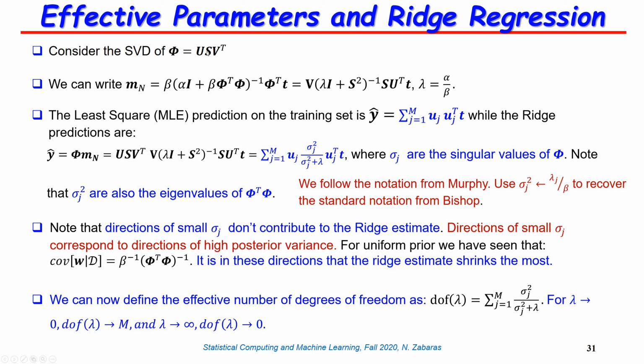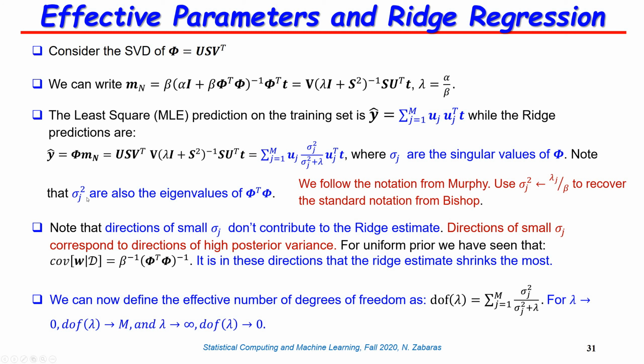Sigma j here are the singular values of the matrix phi. Now, for those who have seen singular value decomposition before, the eigenvalues of phi transpose phi are literally sigma j squared.